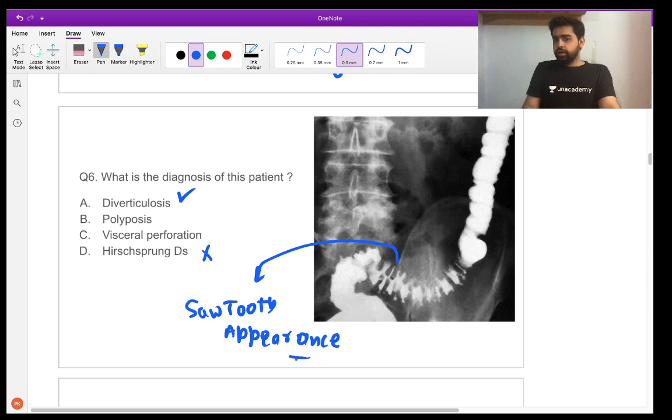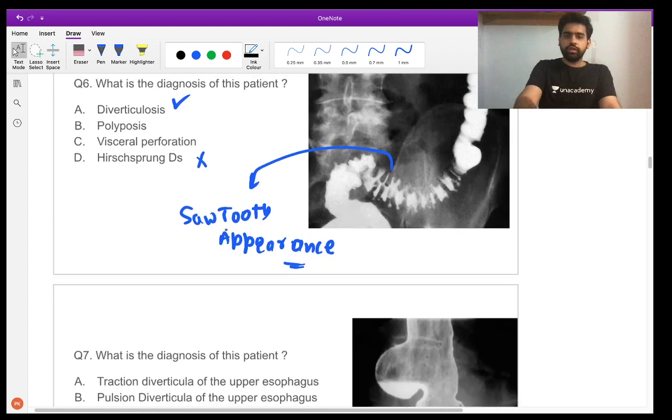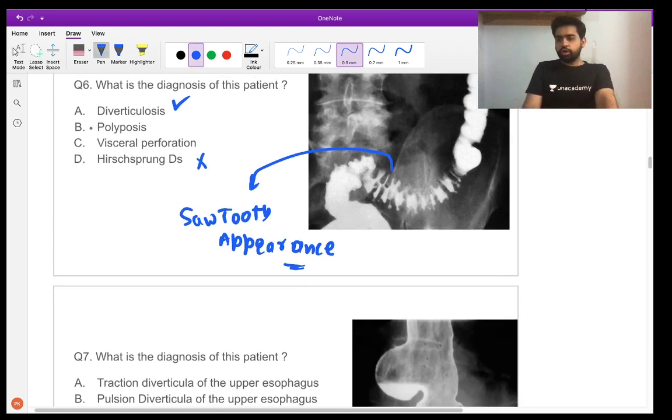Now if I ask you what is the investigation of choice for diverticulosis? No, this is not an accordion sign. This is a sawtooth appearance. So the investigation of choice for diverticulosis is in fact barium enema.